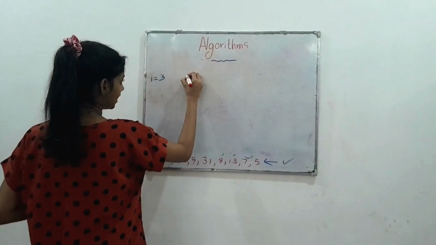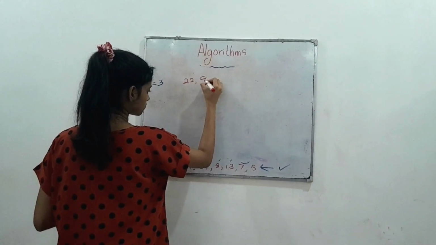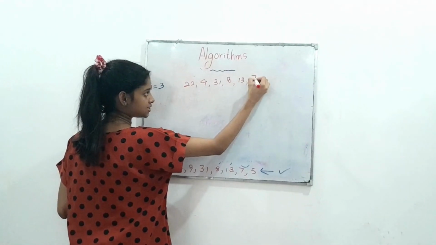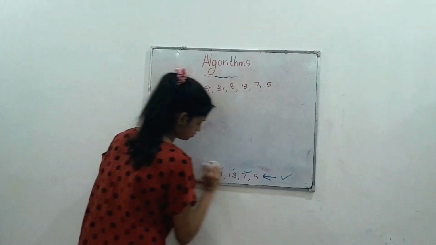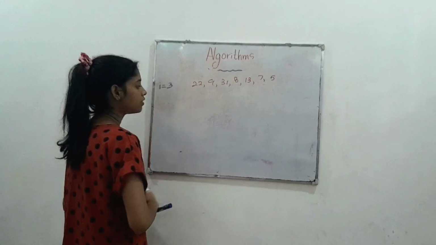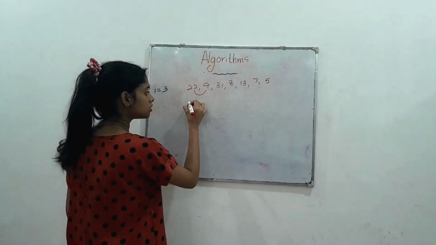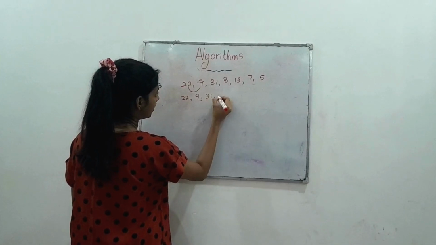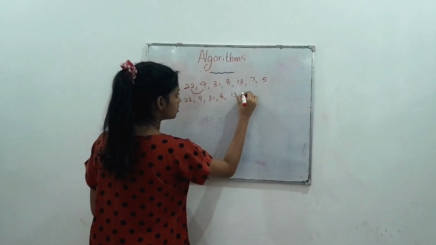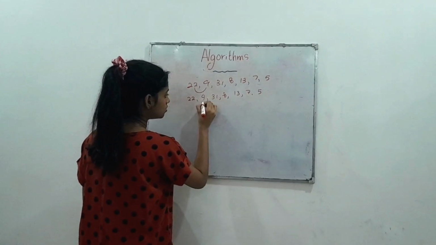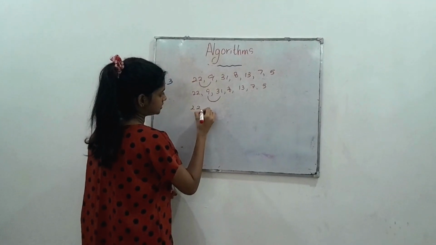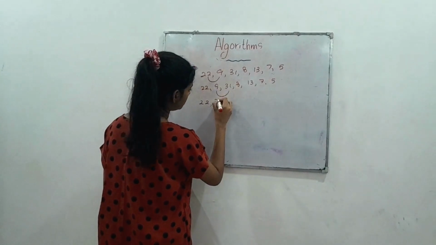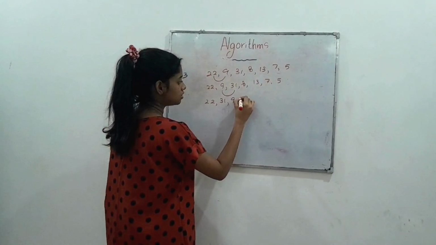This is the last outcome: 8, 13, 7, 5. Now you check two by two. No swapping because 22 is already larger than 9. Yes, these two are swapped because 31 is larger than 9.